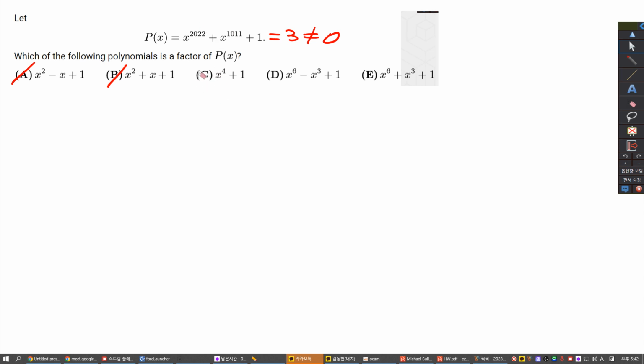And for C to be 0, because x to the fourth power is equal to minus 1, if we square it, x to the 8th power is equal to 1.